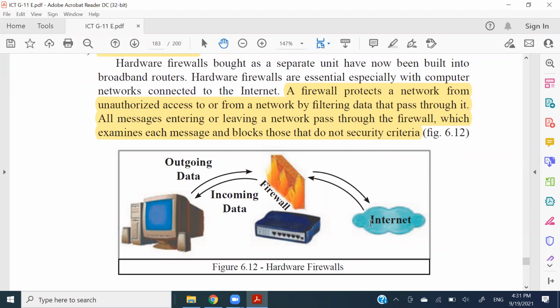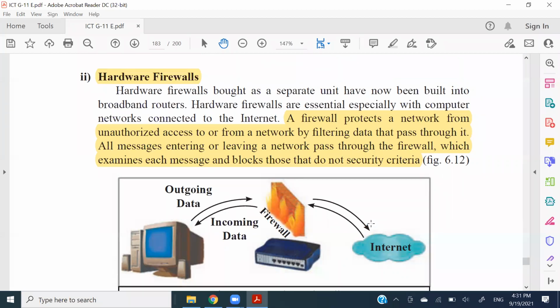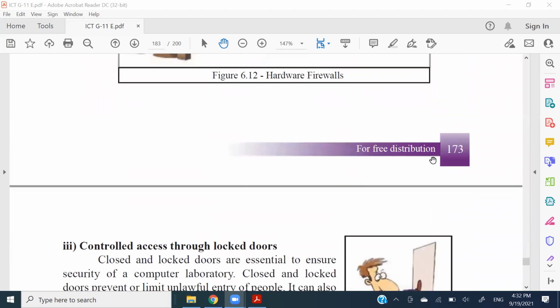Okay, are we done, people? Right. Okay, we have three more topics.